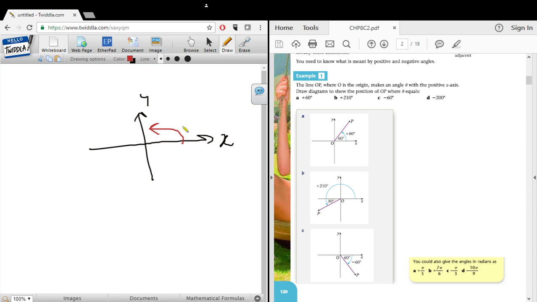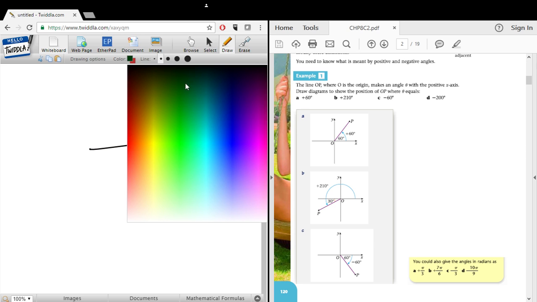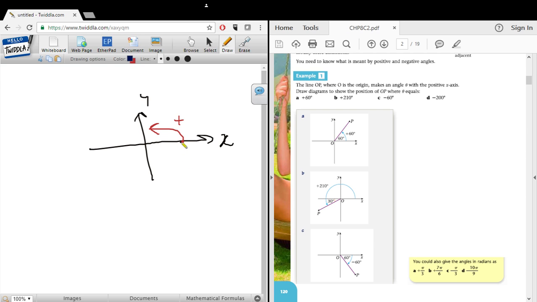So when we start off at the x-axis, we go from right to left, in other words, counterclockwise. This is the positive. The negative way of going is the clockwise way, and it's illustrated here.